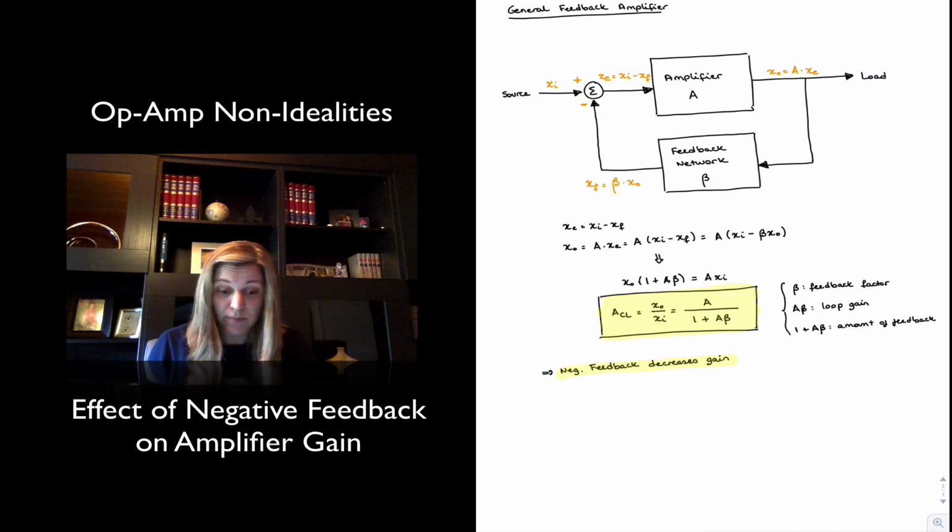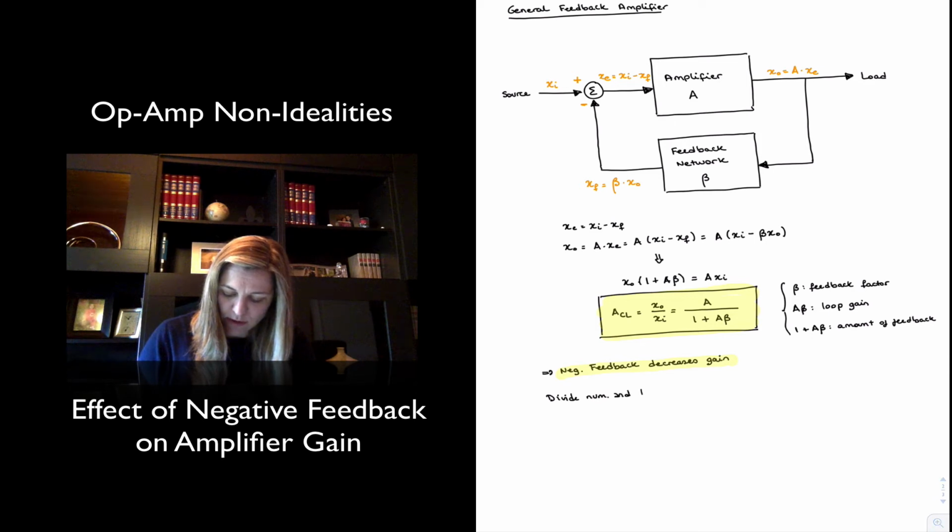And if we, let's say, divide the numerator and denominator by A times beta, a factor of the loop gain, we are left with the following expression for ACL.